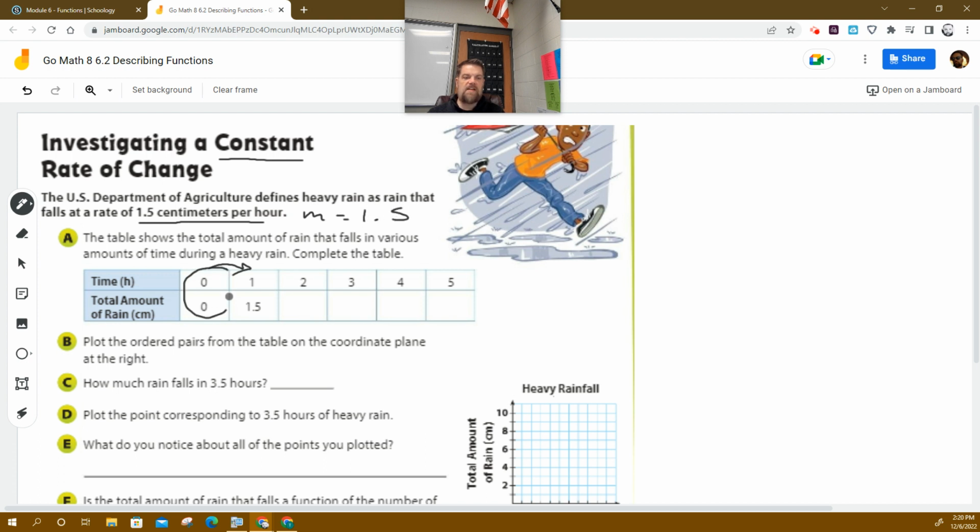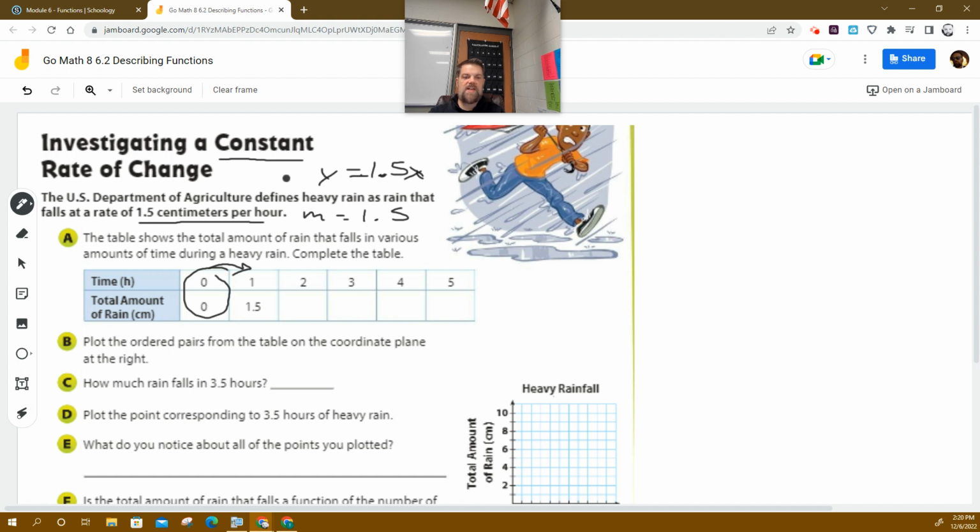And they tell us that it goes through the origin because they give us 0, and if you think about it, at 0 hours, at the very beginning of when they start tracking the rain, the rain has fallen 0 inches, right? Or centimeters in this case. So because it goes through the origin, we know that the equation for this is y equals 1.5 times x, right?